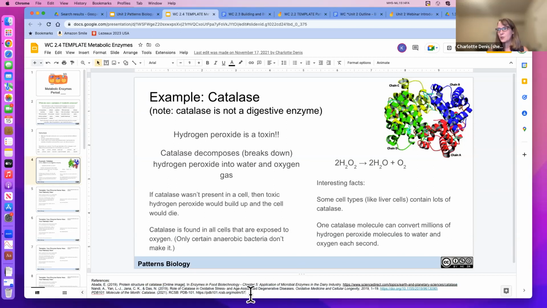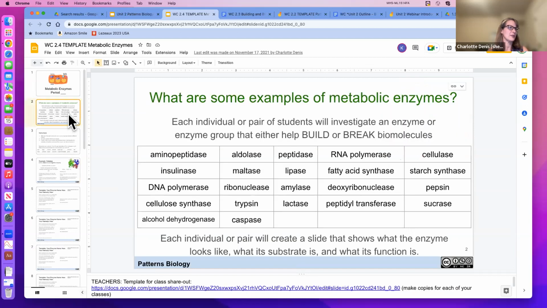So I ask them to put references in the slide notes. It also gives them an idea about all the different kinds of enzymes that might exist. Obviously, this is a tiny fraction, but we wanted to use ones that were recognizable for students for the building and breaking of biomolecules in particular.